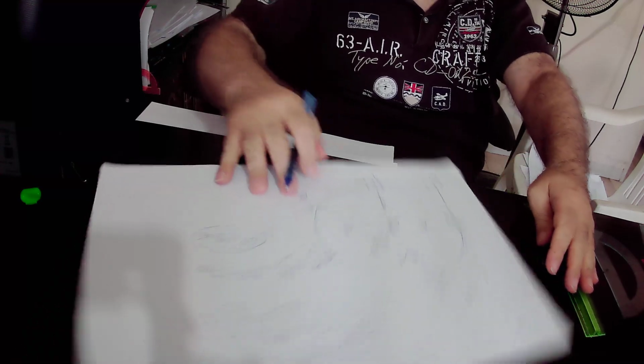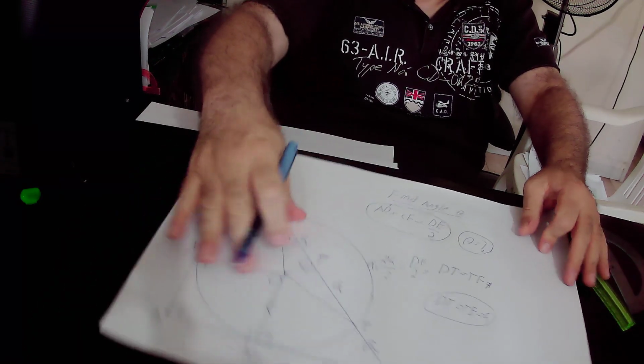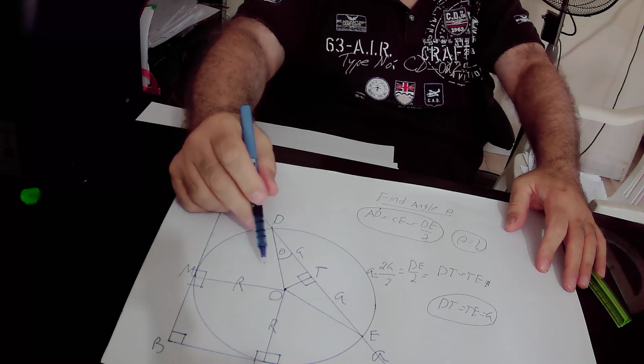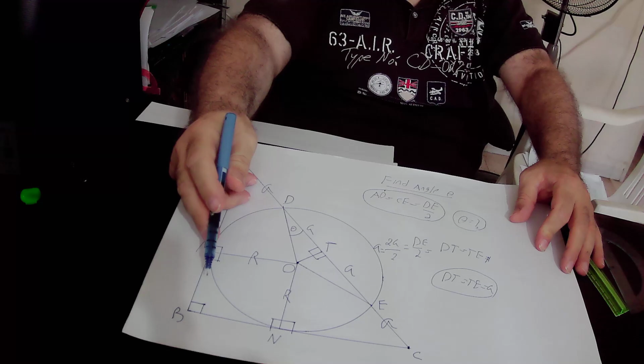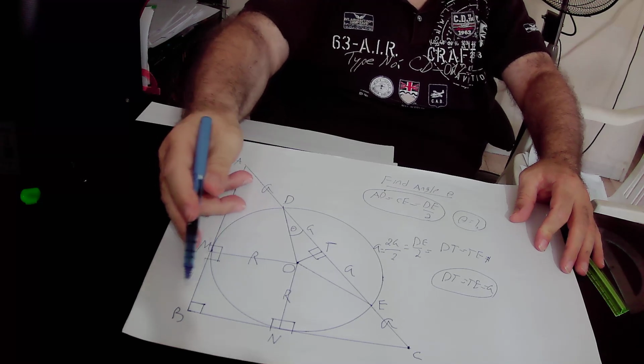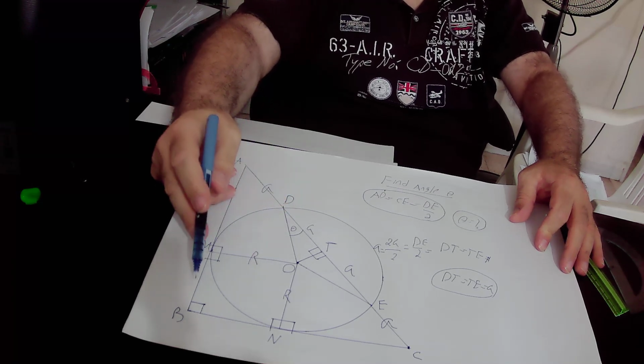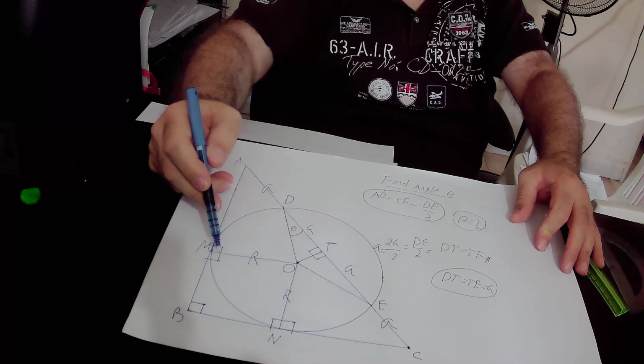So here, inside quadrangle MOBN, we have 1, 2, 3 right angles.